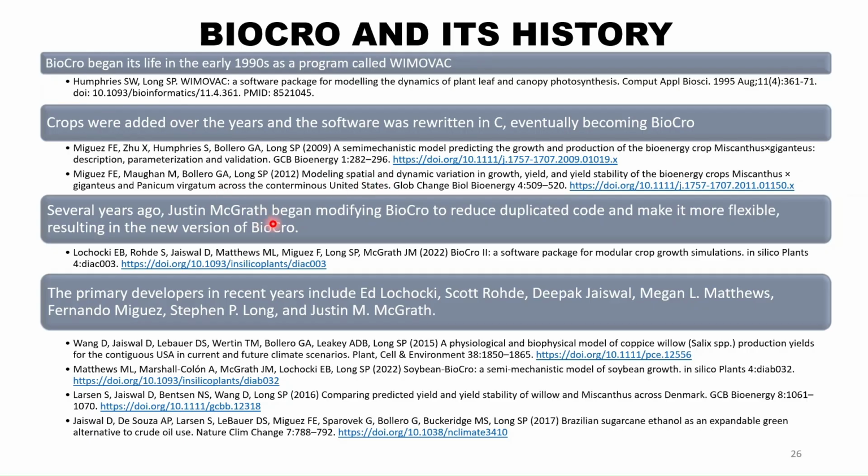In the coming years, crops were added over the years, majorly energy crops like willow, miscanthus, sugarcane, etc. After several years, Justin McGrath and a huge team modified VivoMac into BioCro to reduce the duplicated code and make it more flexible, resulting in the latest version of BioCro.